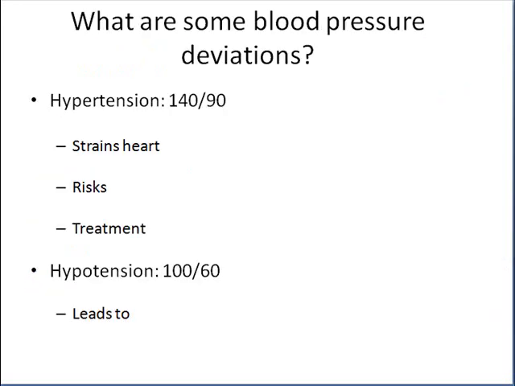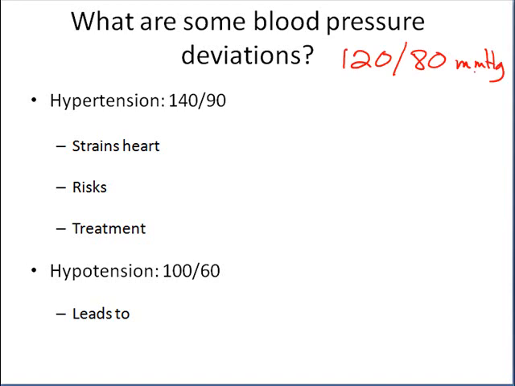Okay, a couple of different terms here I want to talk to you about that relate to blood pressure. If you didn't know it already, there is what's considered the normal value for blood pressure for a typical healthy adult. That typical value is somewhere around 120 systolic over 80 diastolic. And of course, this is millimeters of mercury that we're measuring in.